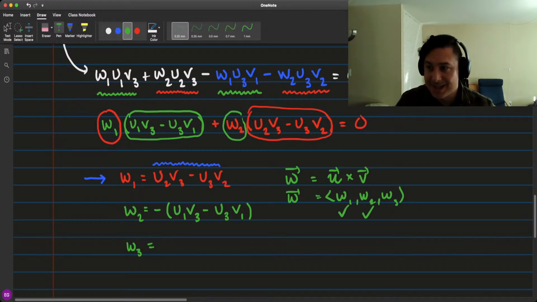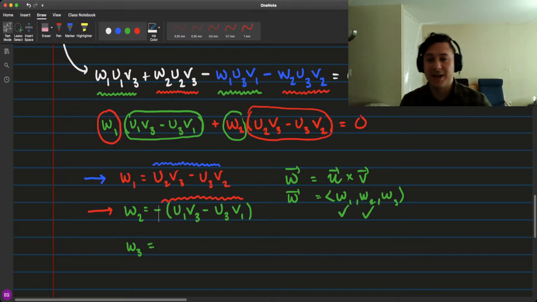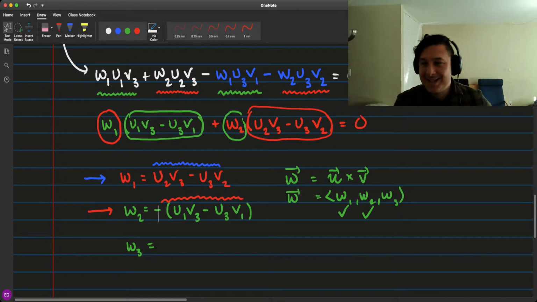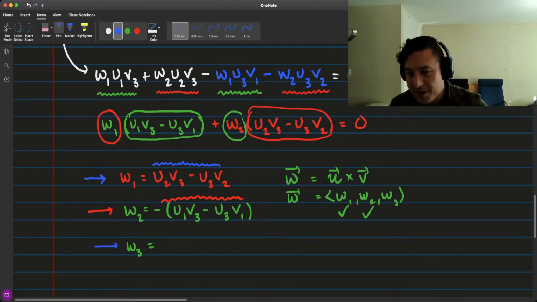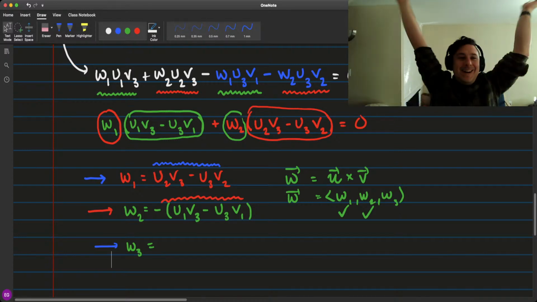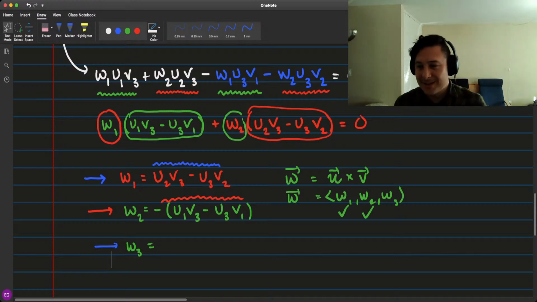And let's look at this. This is the formula for W2. What number do you see that is not used over here? Yeah. So if you look at the formula for W3, what are you not going to see in it?